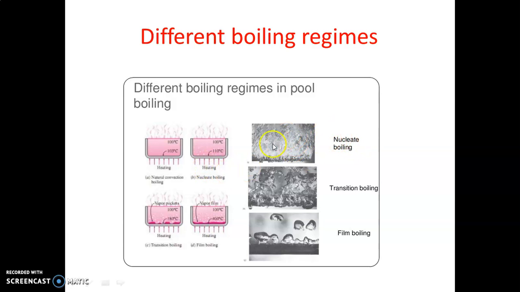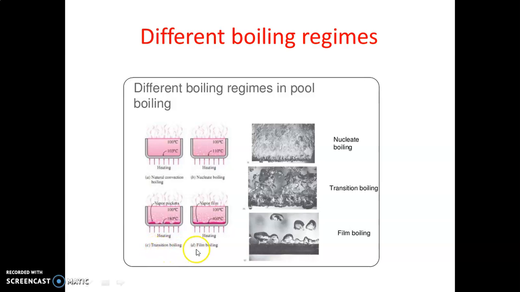This is an actual photo of nucleate boiling. If we look at this photo, we note that the rate of production of bubbles is very large, and the Q by A, that means heat flux, increases and reaches the maximum point, which is called the critical heat flux.